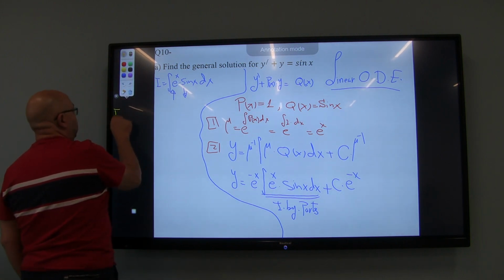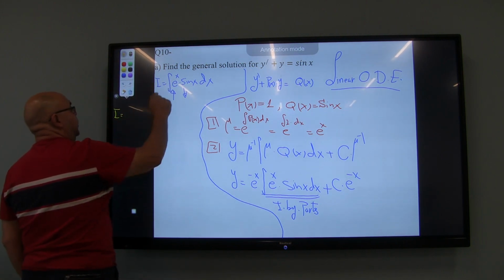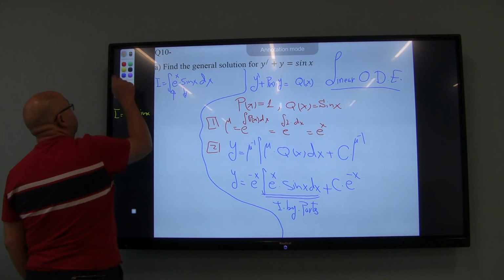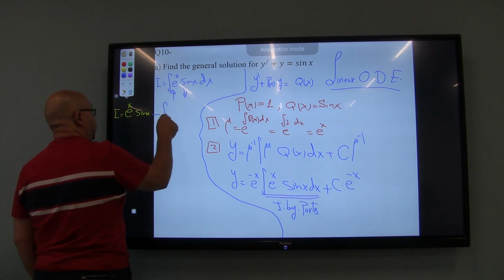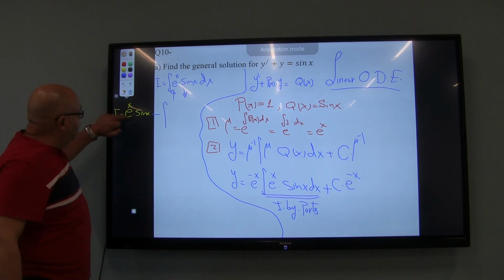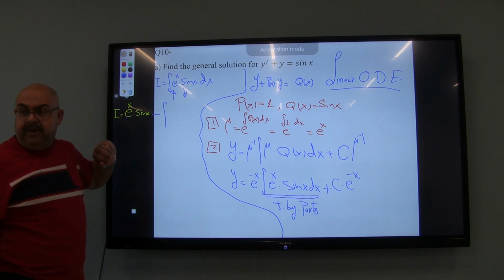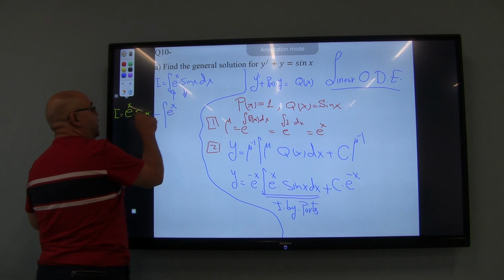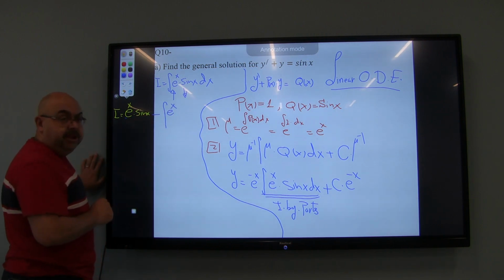I is going to equal e power x times sin of x, then minus the integral of the function already integrated, which is e power x, it stays as it is. The other function will be differentiated.